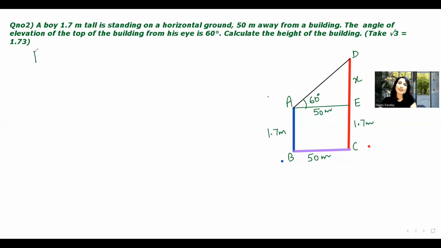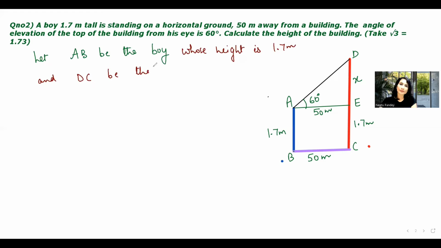So now here first you define, let AB be the boy whose height is 1.7 meters, and DC be the building. And we have taken DE equal to X meters.